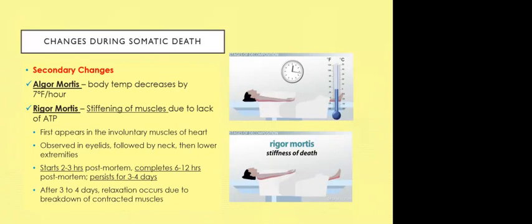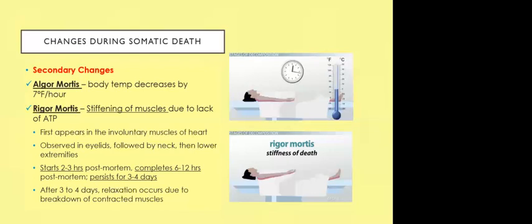And then after that, it will spread towards the lower extremities and subsequently disappear in the same sequence. Again, from the head to the neck and down to the lower extremities. So this one is due to lack of ATP.